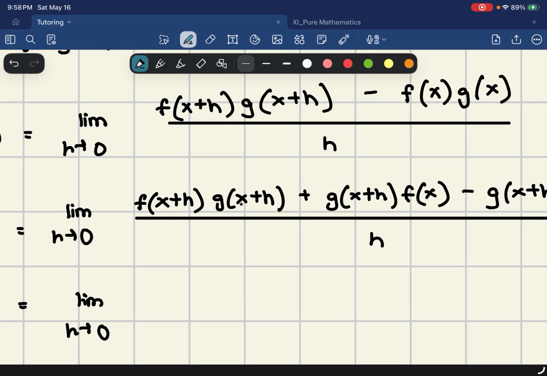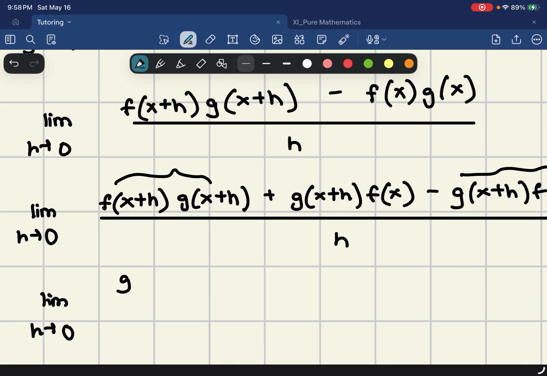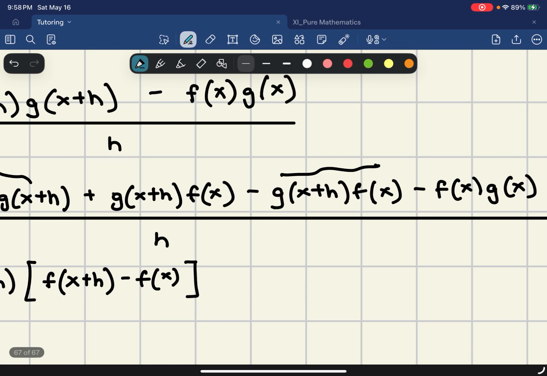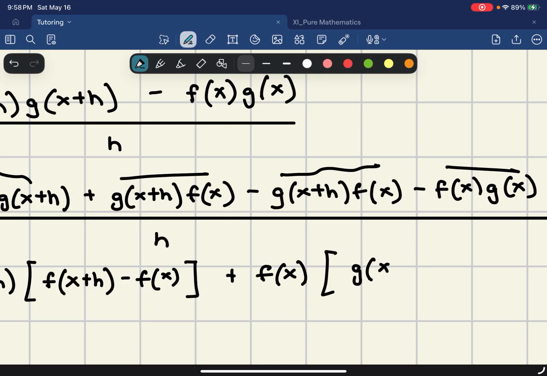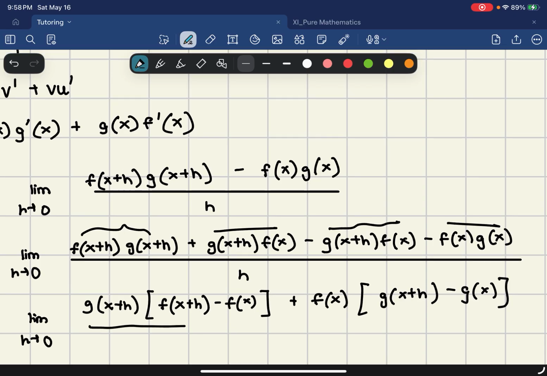So now, from this term and from this term, I can factor out g of x plus h. And on the inside, I have f of x plus h minus f of x. And here, from these two terms, I can factor out f of x. And I have g of x plus h minus g of x. All right. Divided by h.